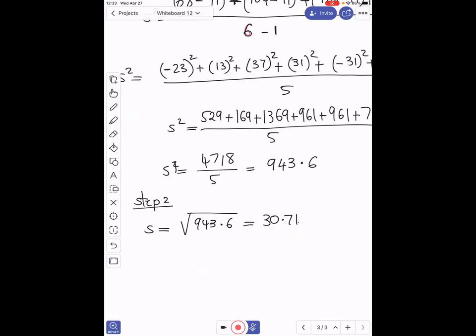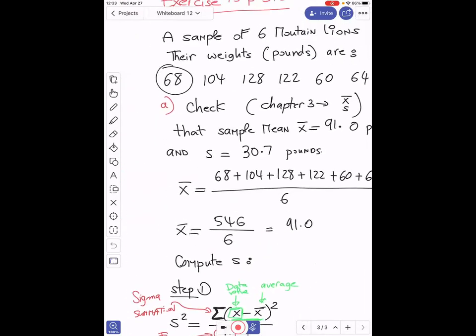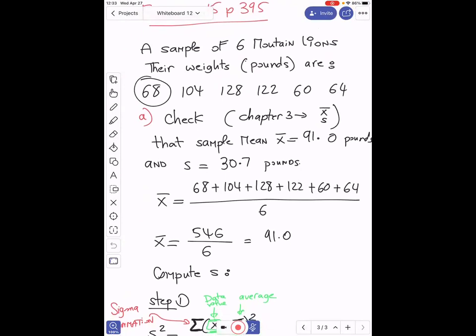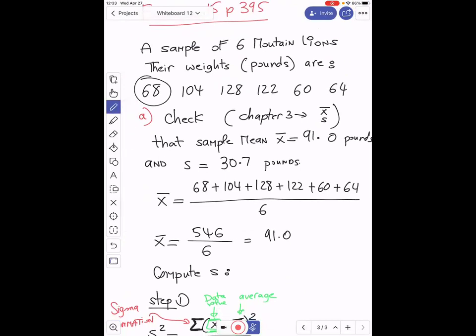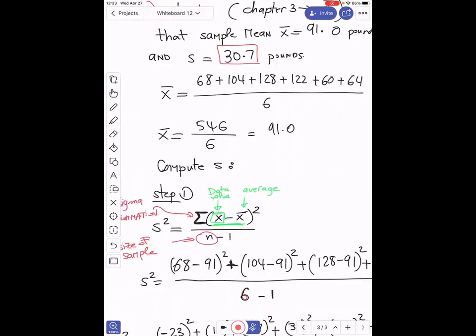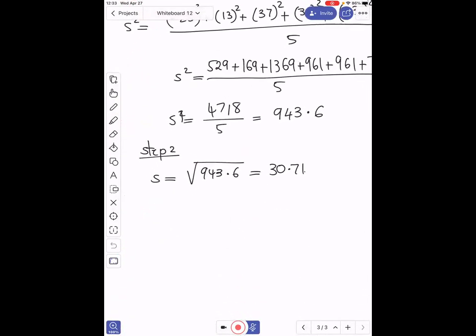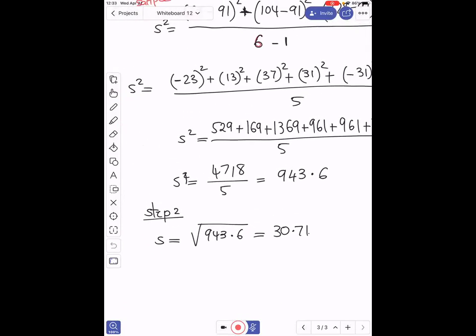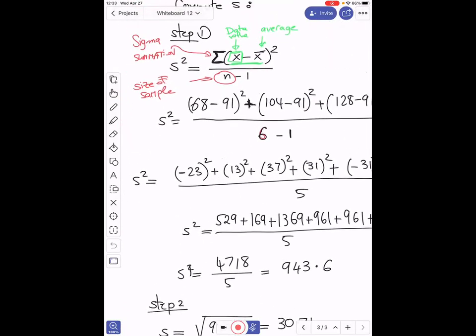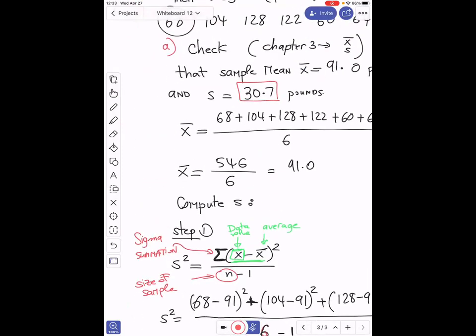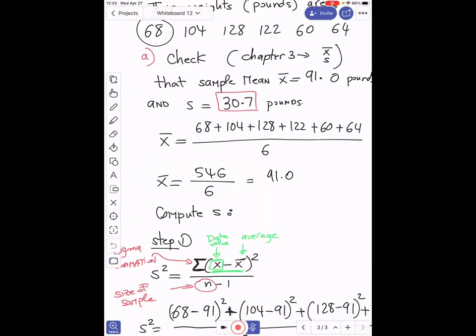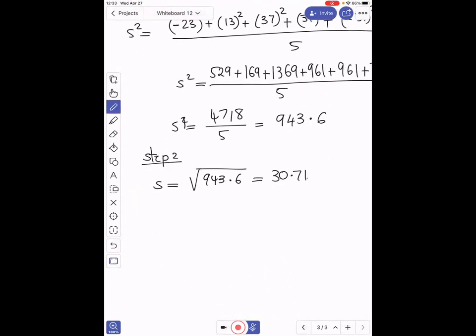As you can see, it's exactly the answer, 30.71 or 30.7, it's just the same thing. All right, so that's your S. So you got your X bar, you got your S, then you are done with A.